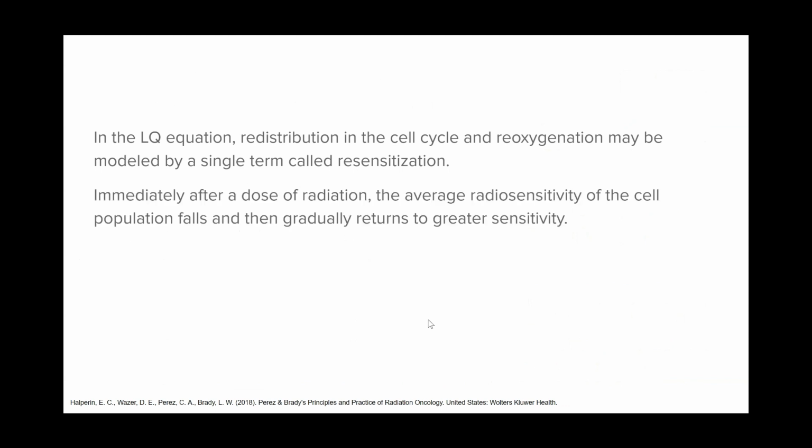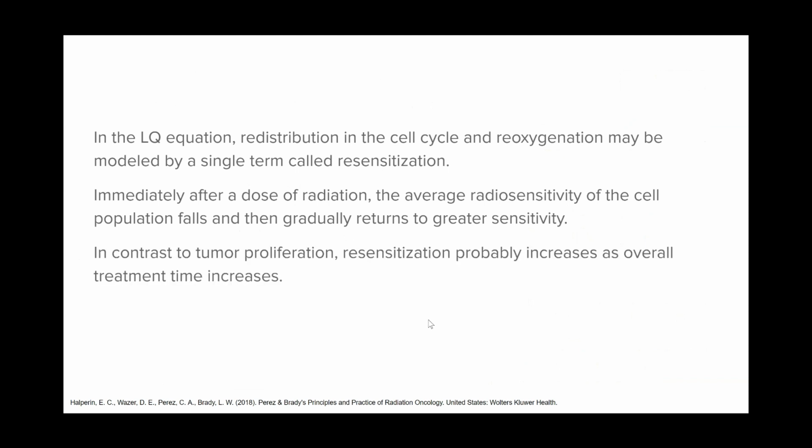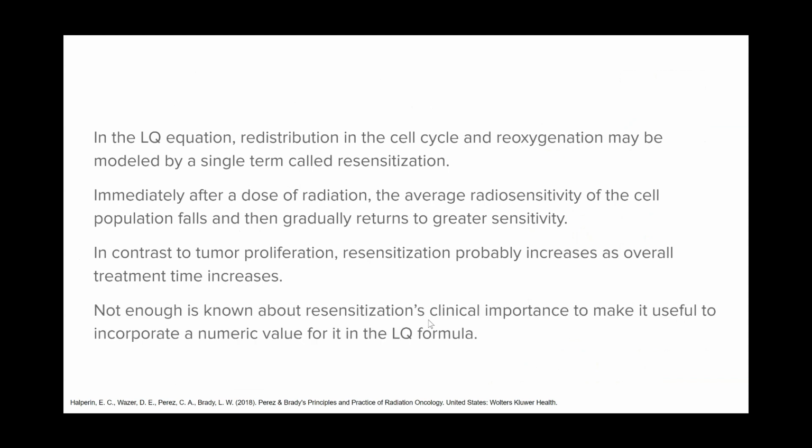So, in the LQ model, redistribution of cell cycle and reoxygenation are modeled by a single term called resensitization. Immediately after a dose of radiation, the average radiosensitivity of the cell population falls and then it gradually returns. In contrast to tumor proliferation, resensitization probably increases as the overall treatment time increases.